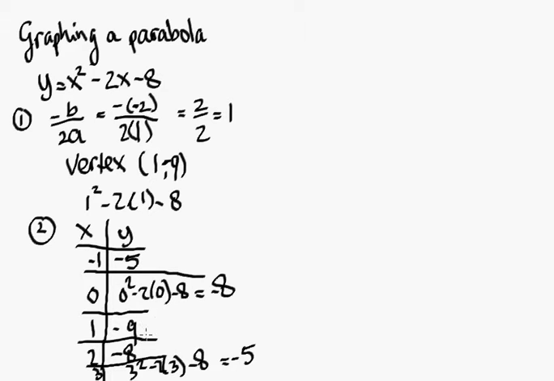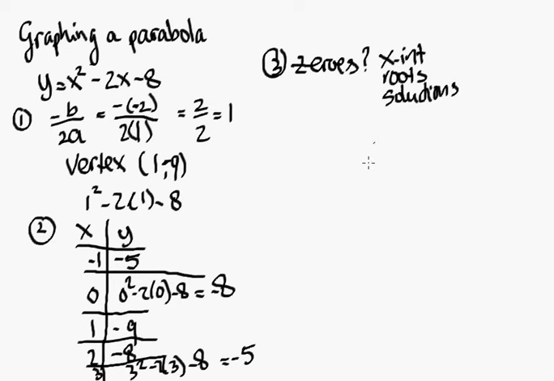Another thing that you would probably want to know would be, where are the zeros for my parabola? Well, the zeros would be x-intercepts or roots. Let's see, are there any other names? Sometimes people call them solutions as well. So those are 4 names for the same thing, and it just means that I want to know at what x is my y value 0.